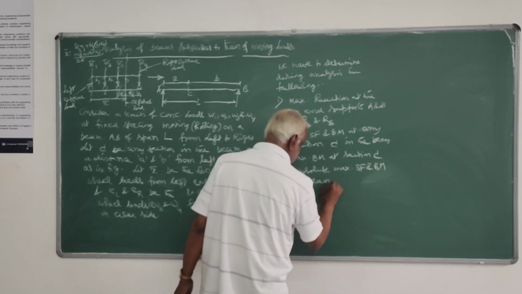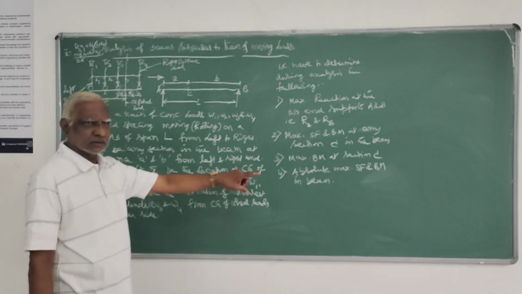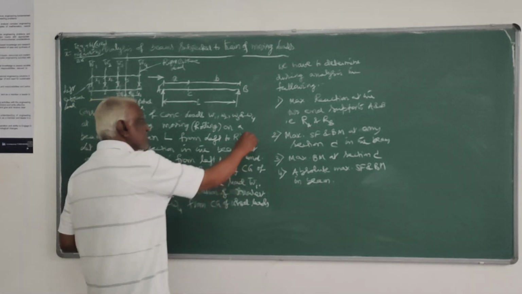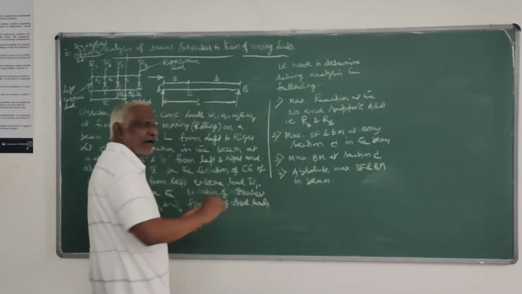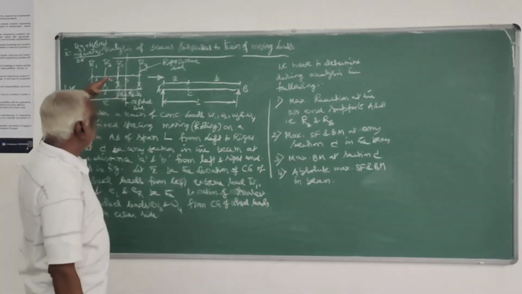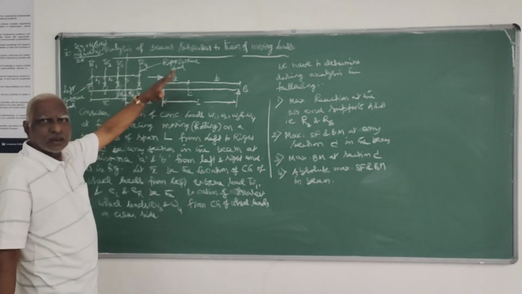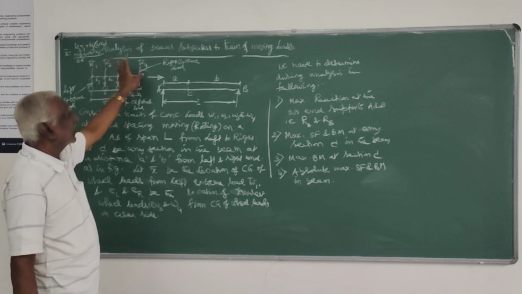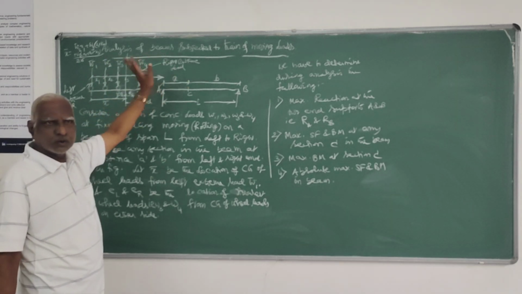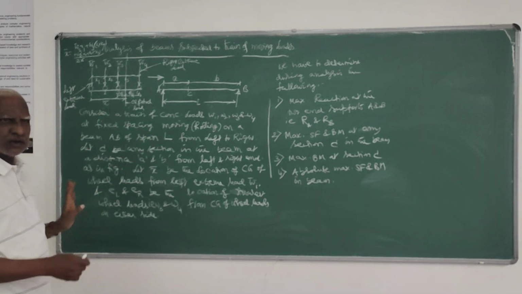This is also called the design shear force and bending moment of the beam. Both you have to evaluate. So these four quantities you have to determine during the analysis of the beam, whenever it is subjected to a train of rolling loads due to a train of concentrated loads. So this is what you have to determine.